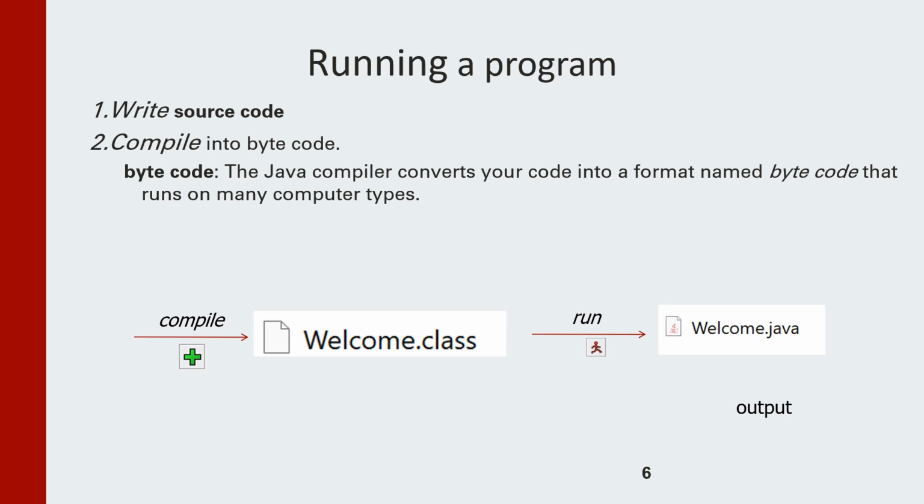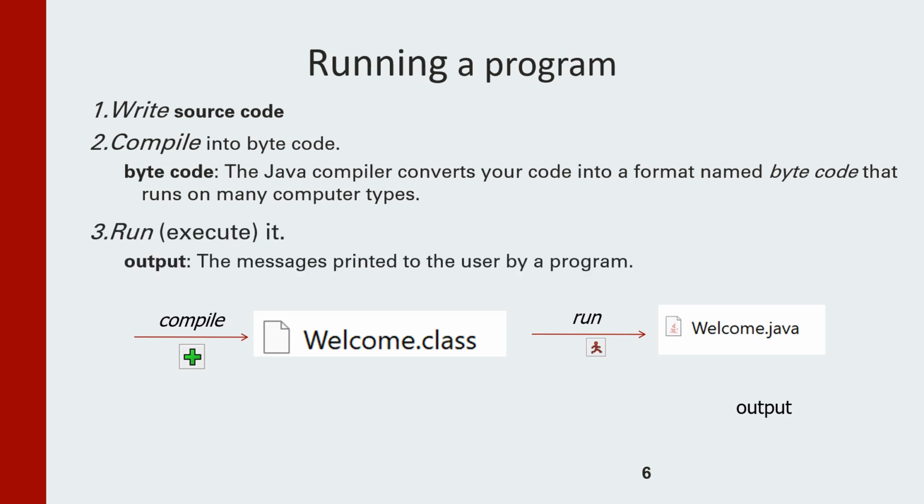Bytecode is where the Java compiler converts your code into a format that will be able to run on many different computer types. So that class file can actually run on different computers. And then finally, you are going to run, also known as execute, the file. So when you compile, it created welcome.class, and then I'm going to run it, and that's going to create that output, which it just did, that System.out.println that I asked about.